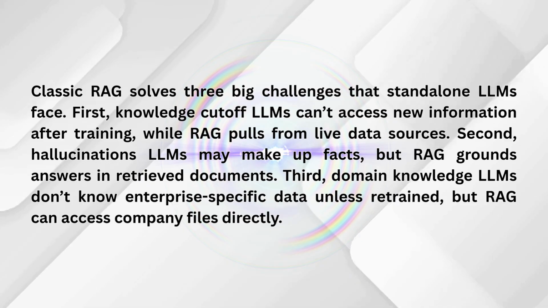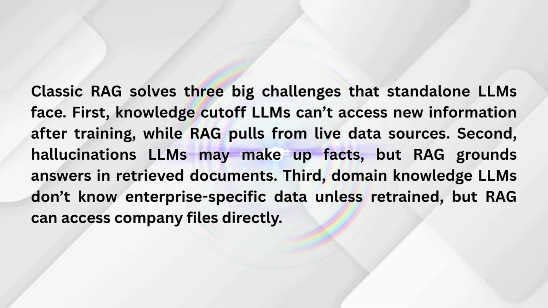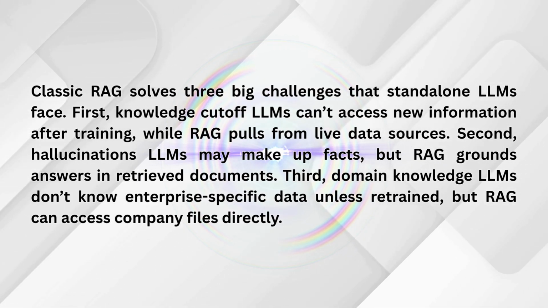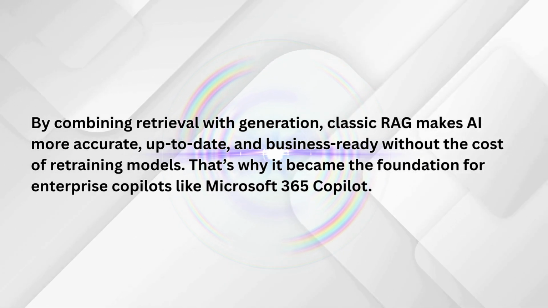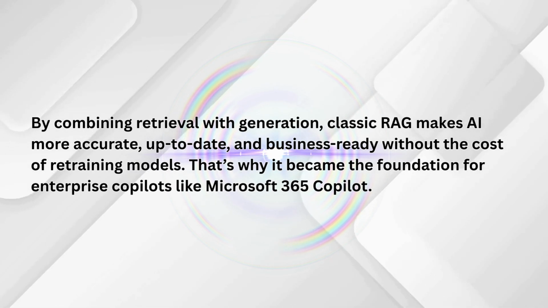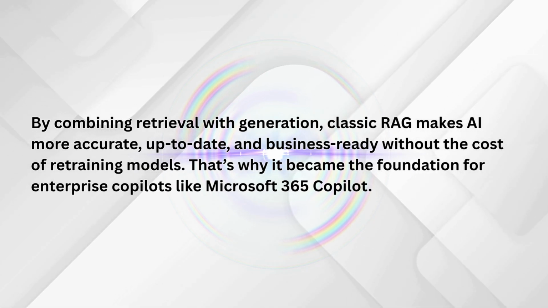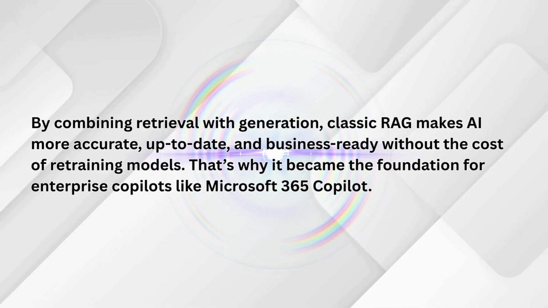Third, domain knowledge. LLMs don't know enterprise-specific data unless retrained, but RAG can access company files directly. By combining retrieval with generation, classic RAG makes AI more accurate, up-to-date, and business-ready without the cost of retraining models. That's why it became the foundation for enterprise copilots like Microsoft 365 Copilot.